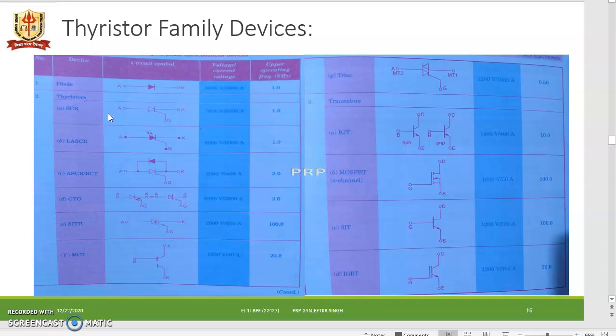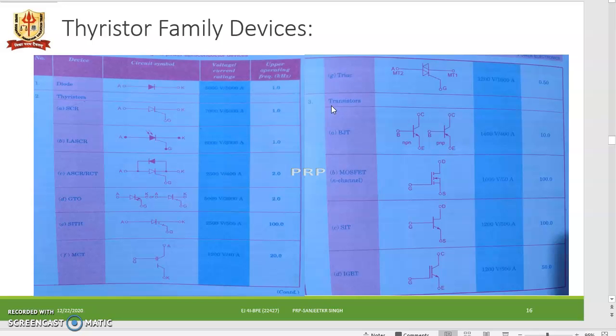So Thyristor family devices, we can divide into the power diodes, firstly, which can be operated with 500 volts and 500 ampere of current at a frequency of 1 kilohertz. Then secondly, the thyristors group, in which SCR, LASCR, reverse conducting thyristor or asymmetrical SCR, GTO (gate turn off thyristor), SITH, MCT, TRIAC come under.